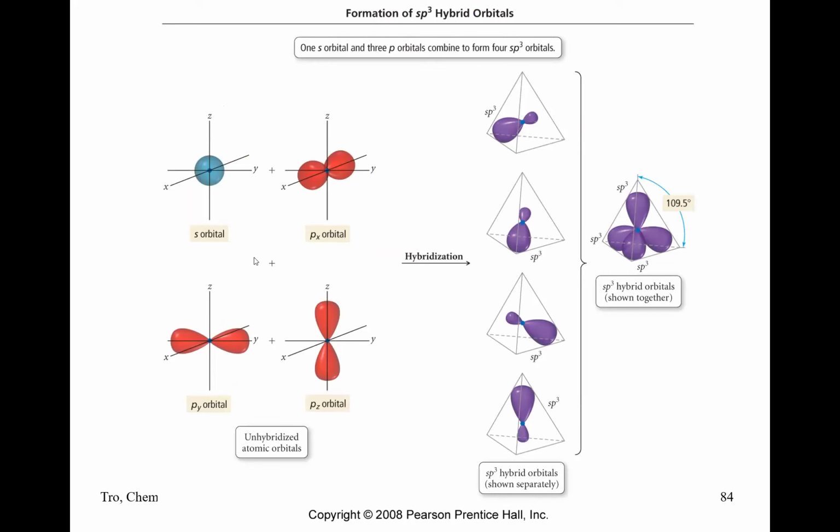Now here's what those orbitals look like, right? A spherical S, and then the 2 balloons going in the P, going in the X, Y, Z direction. We call them P, so PX, PY, PZ. If you mix the S and each P together, then you get something like this, right? The S was spherical.